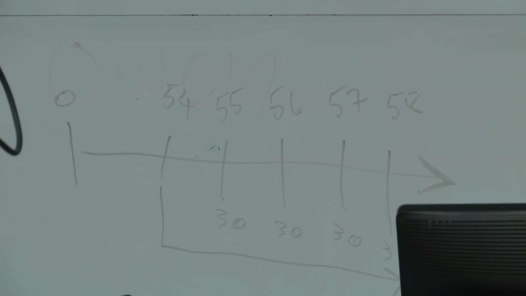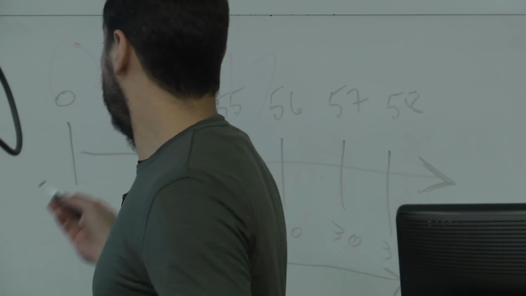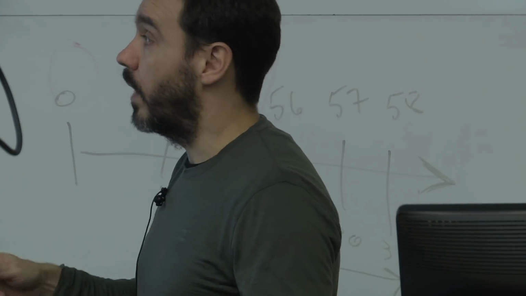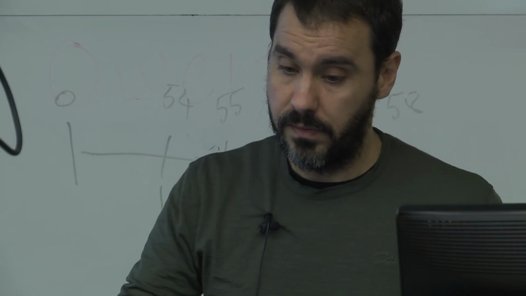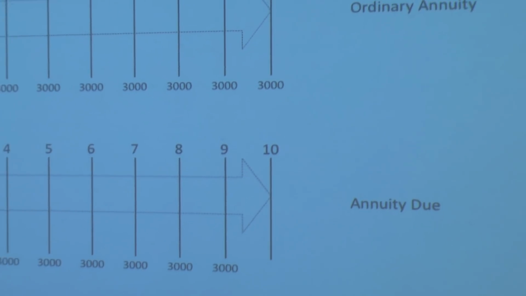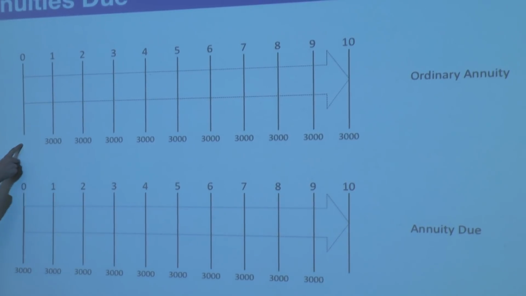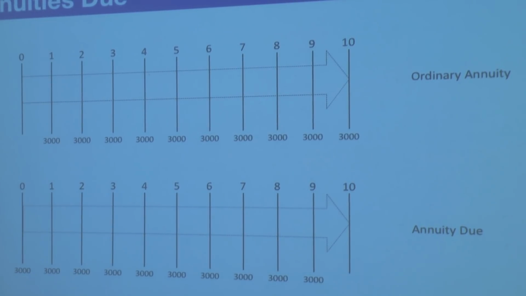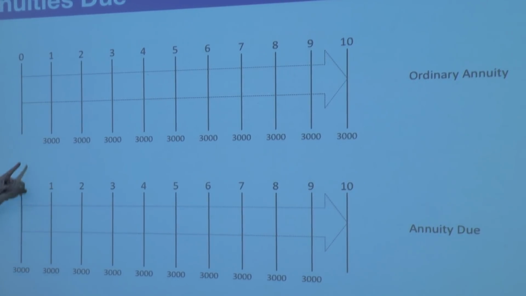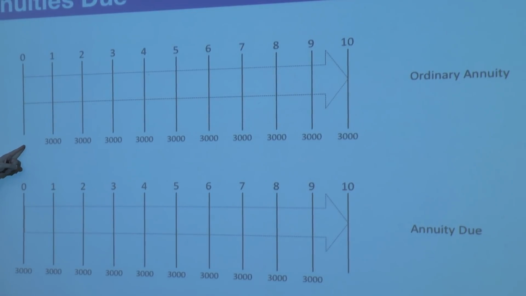It's much easier if you actually draw it and you realize, okay, whenever I have an ordinary annuity, the first payment happens at time 1, and if I were to compute the present value of this stream of payments, I would find the present value at time 0.